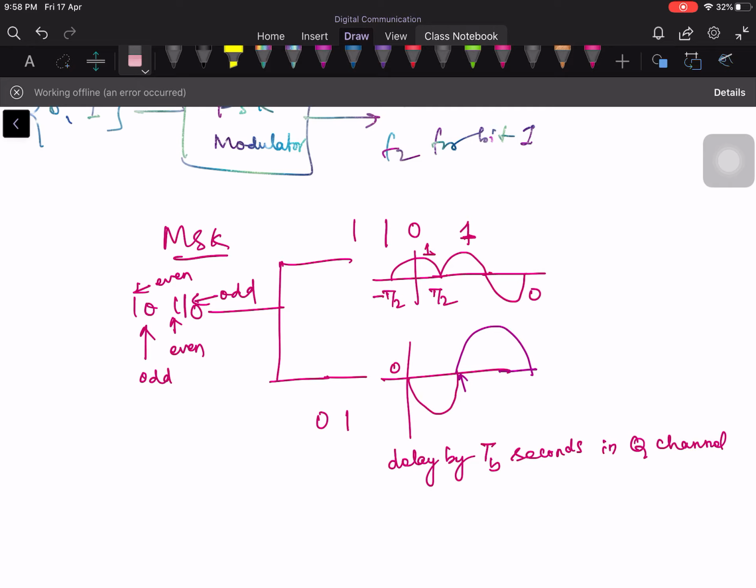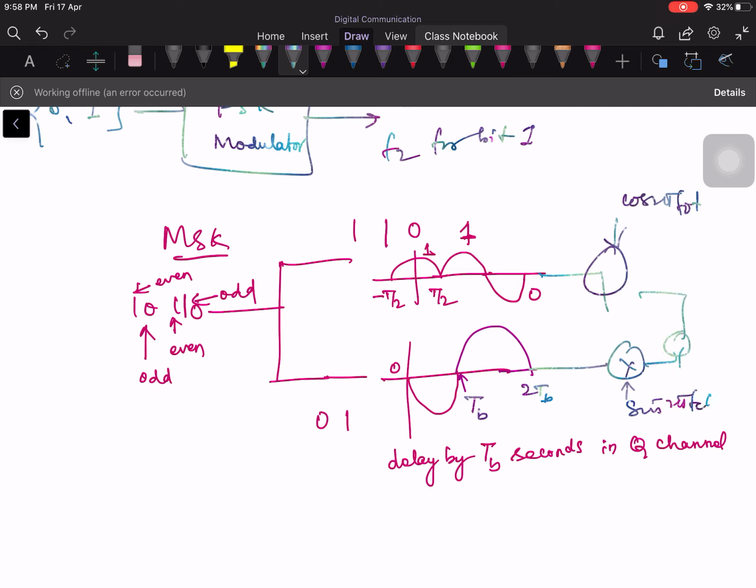It is Tb, and it is 2 Tb, and so on and so forth. And this again you modulate with cos of 2 pi f naught t, and here you multiply by sine of 2 pi f naught t, and add these two things together, and you get the modulated waveform.